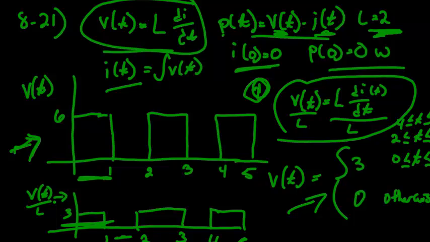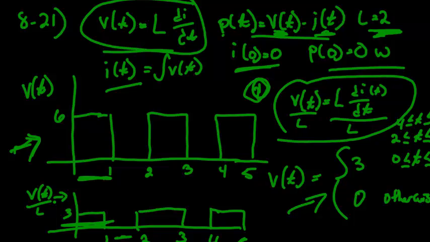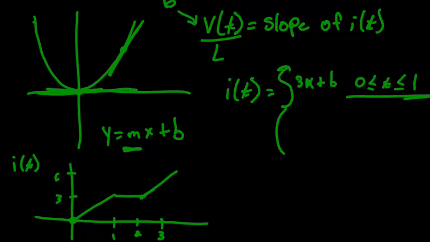So we're just continuing from that point. And all we really need to know after our initial point is the slope. If we took the derivative of i, we would get v over L, exactly.